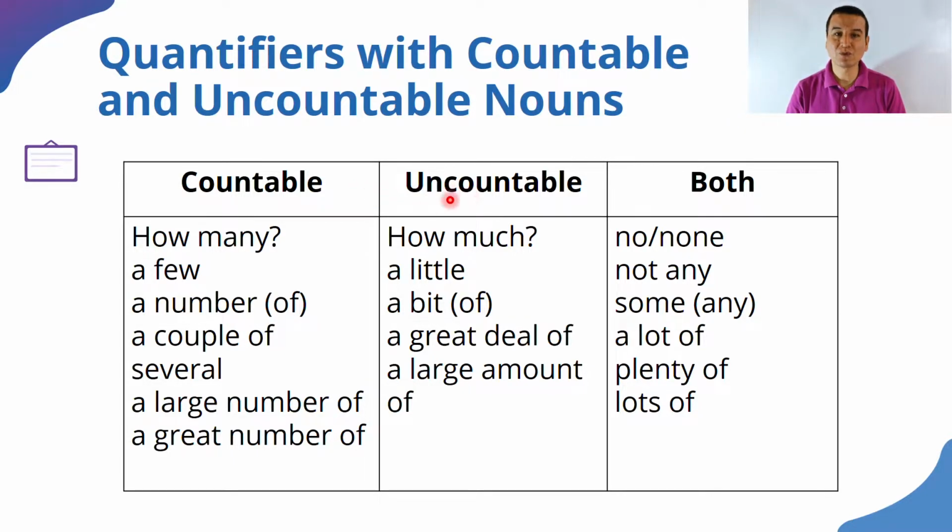All right. Now, in this column here, we have some expressions that we can use before uncountable nouns. And the question that we ask for uncountable nouns is how much. For example, how much sugar do you need for this dessert? How much? And for that, of course, because we are asking about an uncountable noun, we cannot say I have 3 sugars, 4 sugars, or 1 sugar. No, we may need to use that in the singular form, or we can use a unit before the noun.